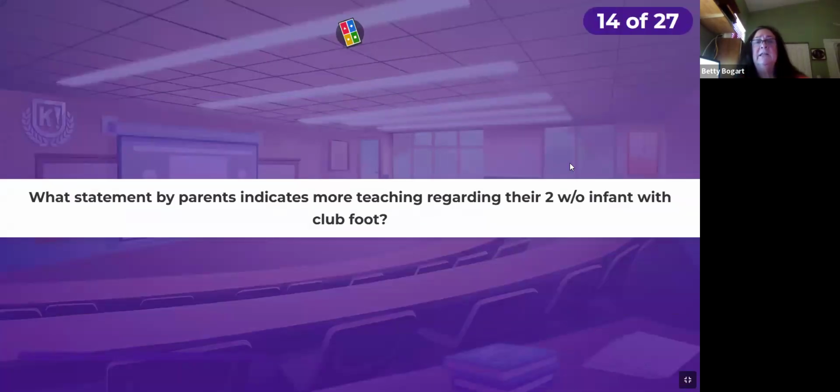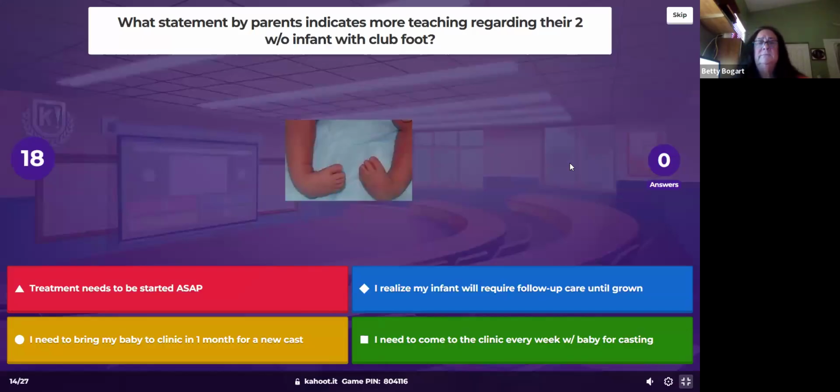What statement by parents indicates more teaching regarding their 2-month-old infant with club foot? So you have an infant with club feet. What is the treatment?